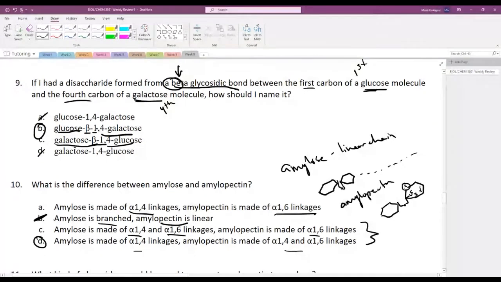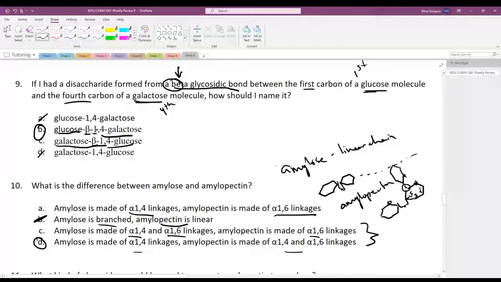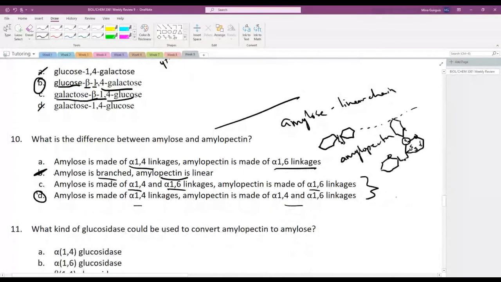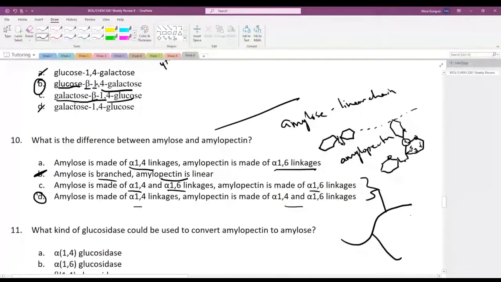So carbon 6 and the first carbon of another glucose bind together. And these are oxygens that I forgot to label. And so what you end up getting is amylose as a straight chain, and amylopectin will end up looking like that, kind of.